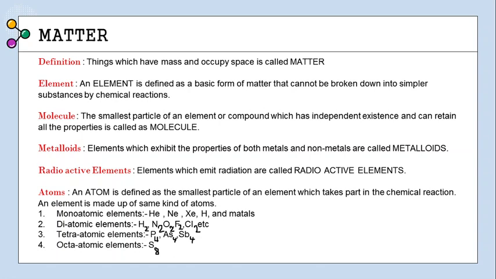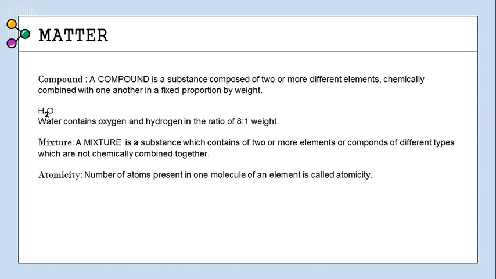Coming to the next one, molecule. The smallest particle of an element or compound is called a molecule. Here we have the definition of compound. A compound is a substance composed of 2 or more different elements.